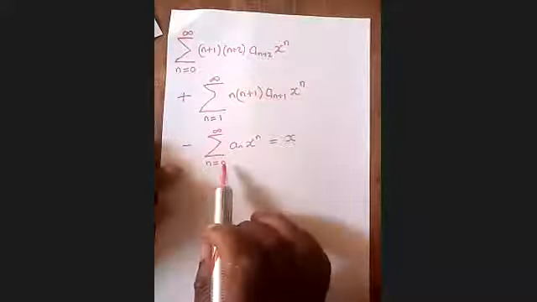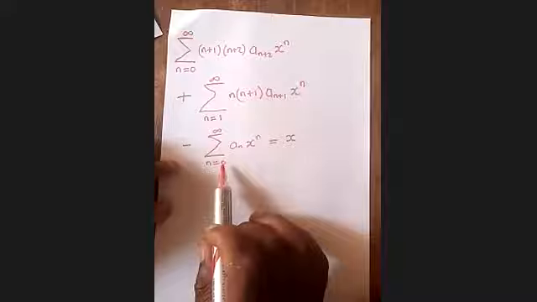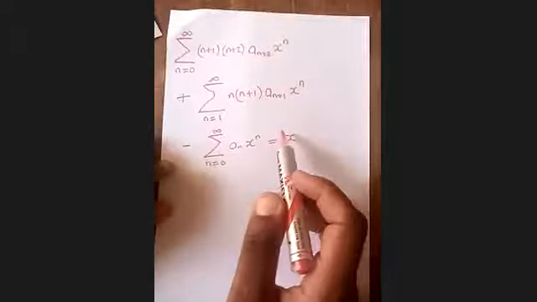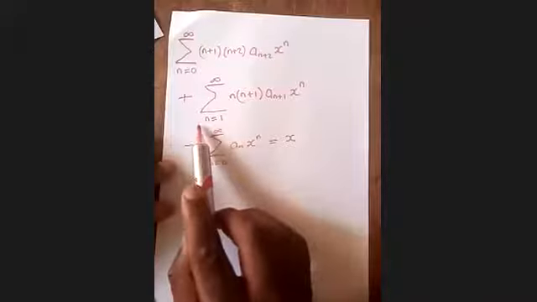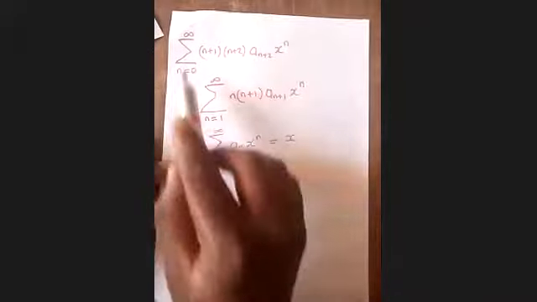To deal with the indexing, it's simple. Since the exponents are already the same, you just write out the first terms so that your indexing starts from 1 or from 2 and so on. In this case, we want our indexing to start from n equals 1 for all these series. So we write out the first term, then write the series. When n is equal to 0, what do you have?